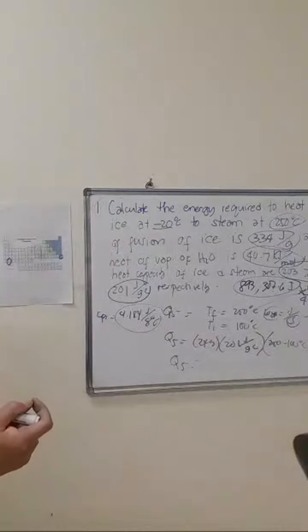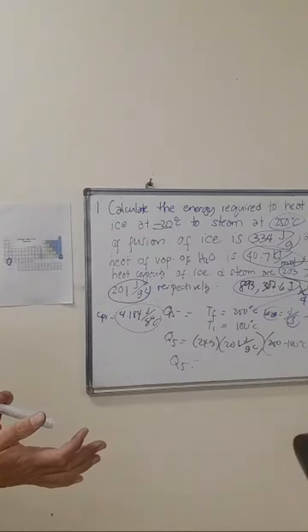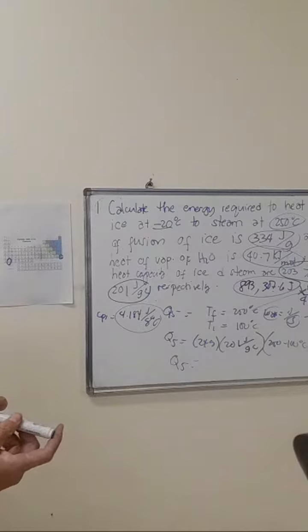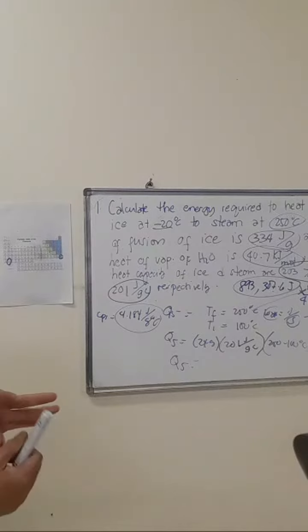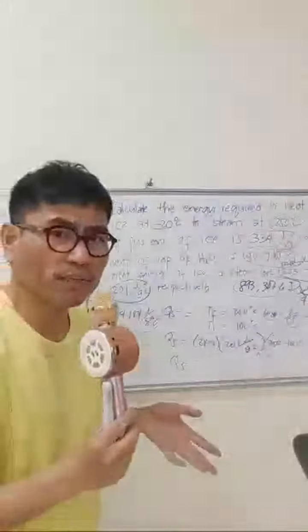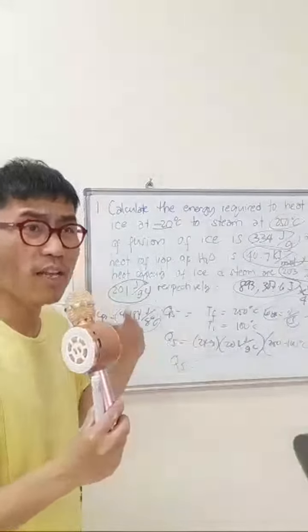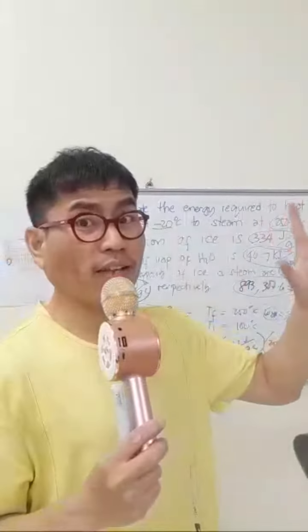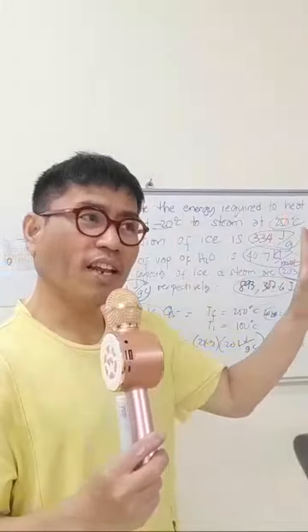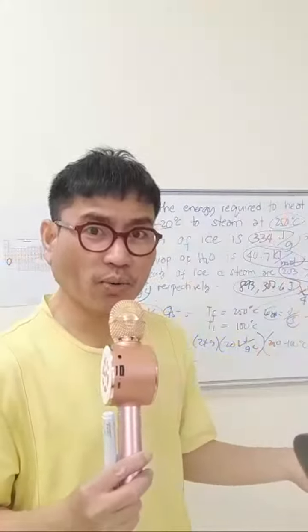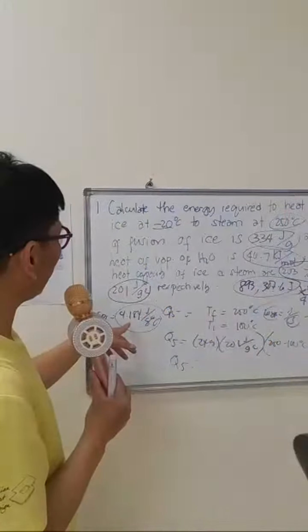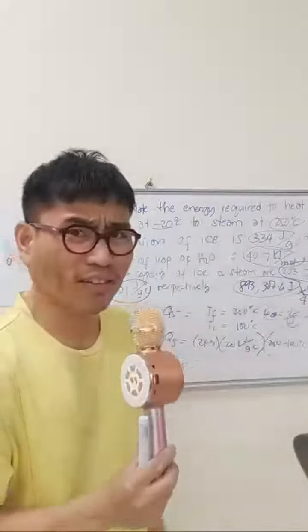Why? Supposedly, the steam must be higher, right? The specific heat of water must be higher than steam, because steam is in a vaporized state, very light compared to the liquid. So why is the specific heat of water just very small?